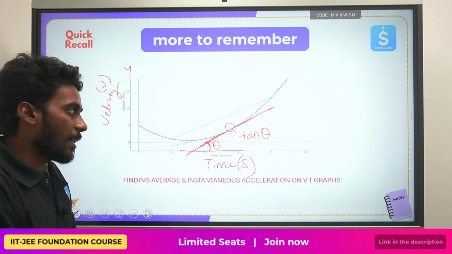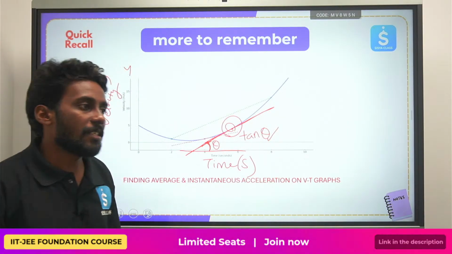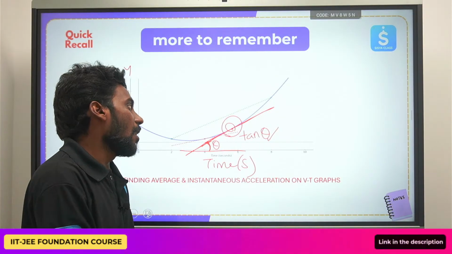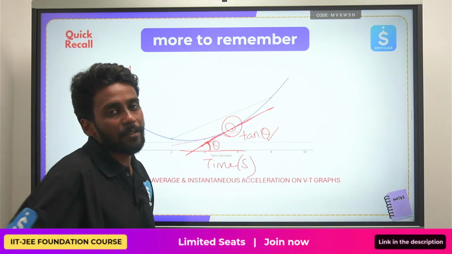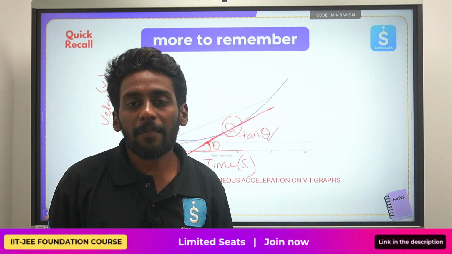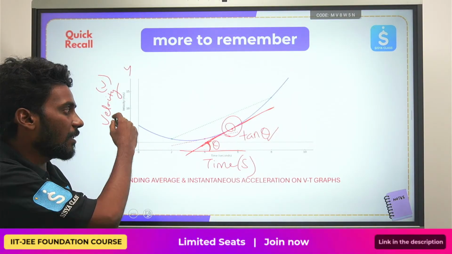This tan theta gives you the instantaneous acceleration of this particular object at this particular instant of time. In this way, you can find the instantaneous acceleration for any object in the given curve.